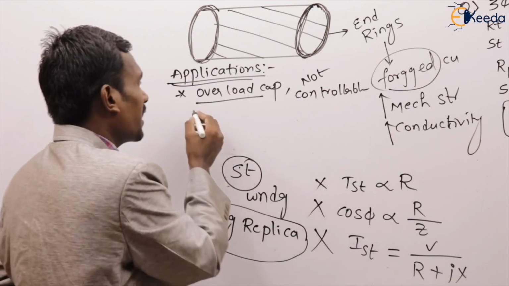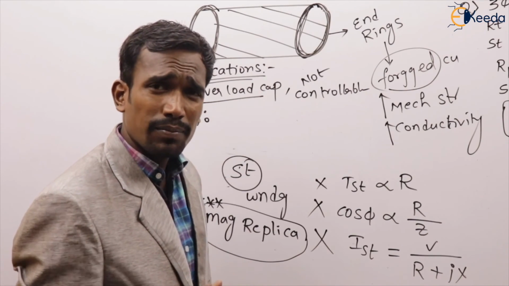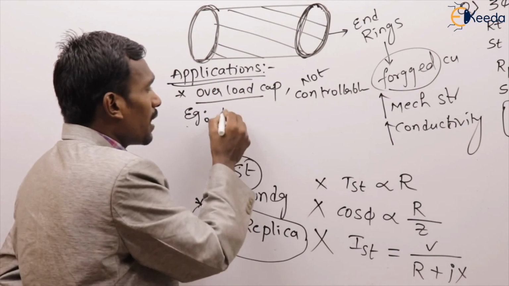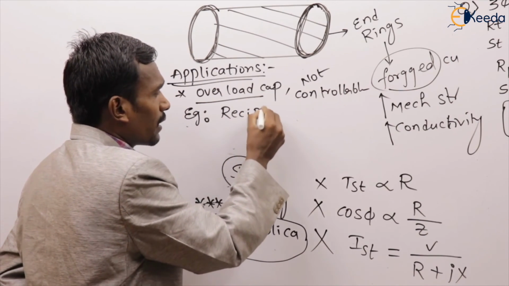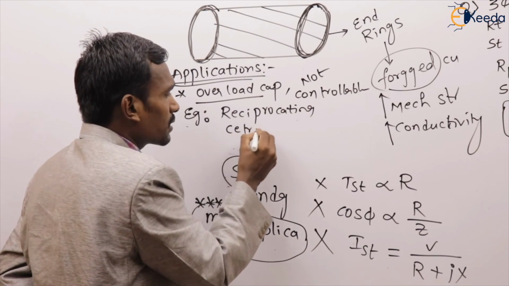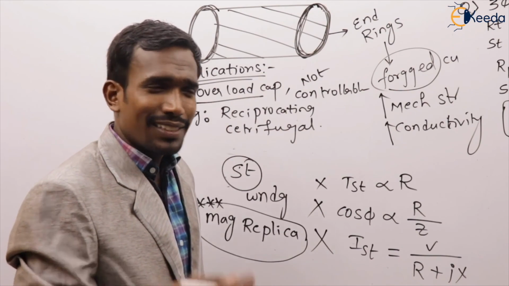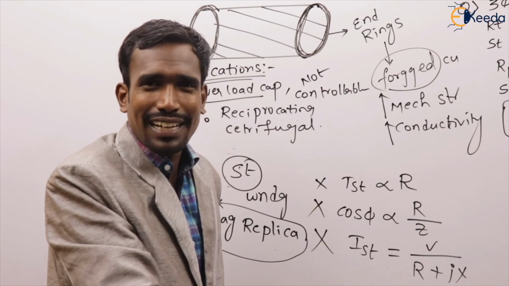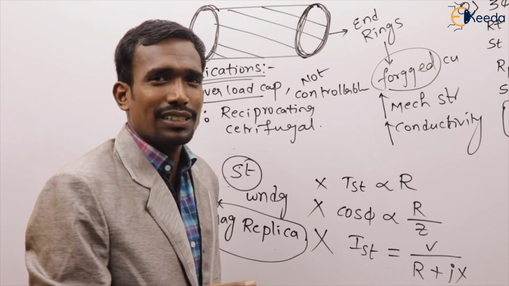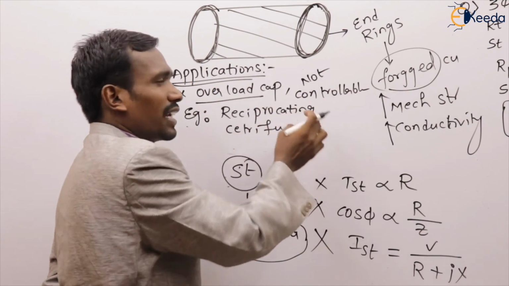Can you tell me what the examples are? Generally we are using it in pumps. Which type of pumps? Reciprocating pumps and centrifugal pumps. Generally in bore wells we are using motors, right? Generally in irrigation systems we are using motors, right? 5 HP motors, 10 HP motors, generally all these motors are squirrel cage.